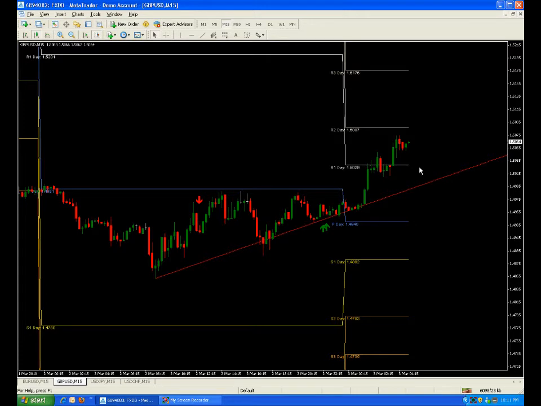My probability of it coming down to this line to R1 by the end of the day is in the 90%. That's how sure I am it's coming down. And my guess is that it's coming down to the pivot point sometime, because the price will touch the pivot point around 75% of the time.